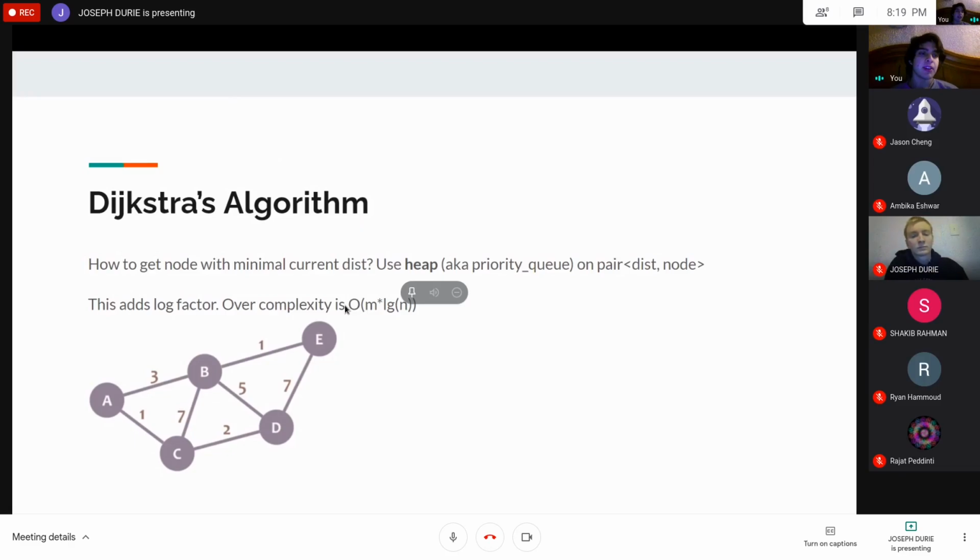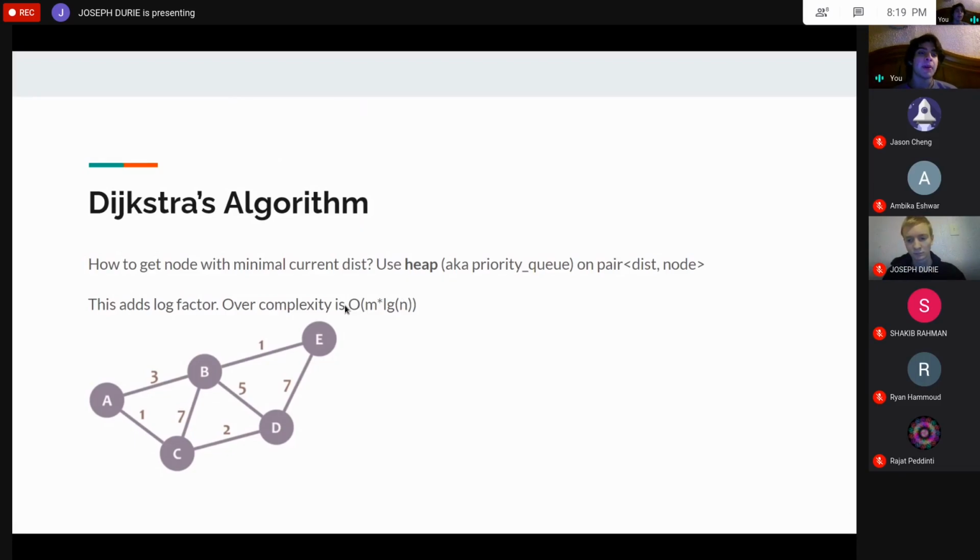Is that because of the way you implement this, when you update a neighbor's distance, you can push multiple instances of a node? The priority queue can hold the same node multiple times. Let's say you take a path through node A and update this node, and you push it onto the priority queue. Then later you go through node B and update that same node, and you also push it onto the priority queue, right?